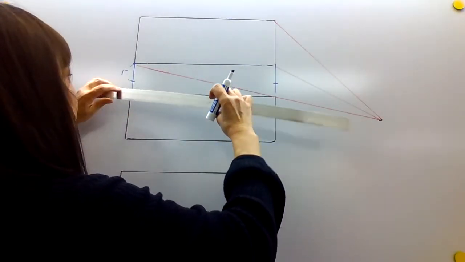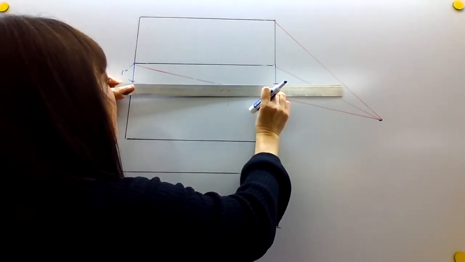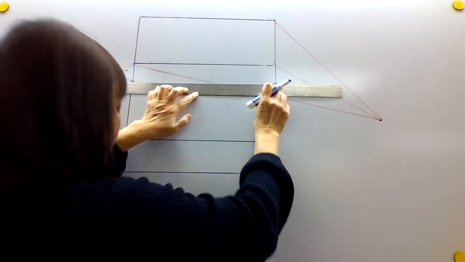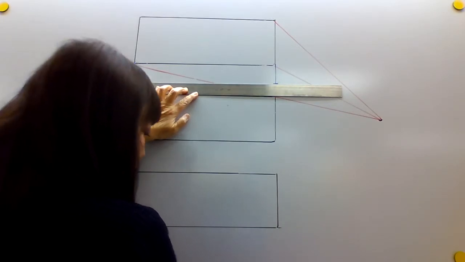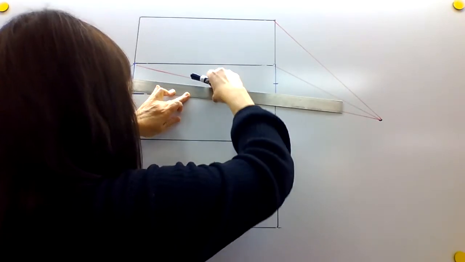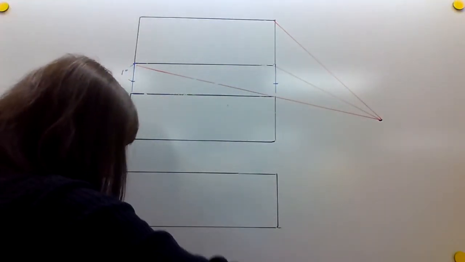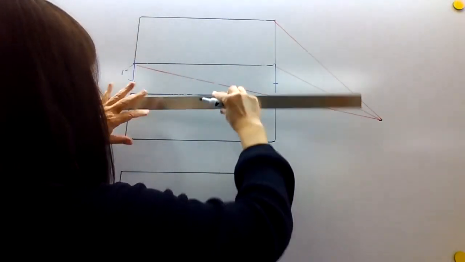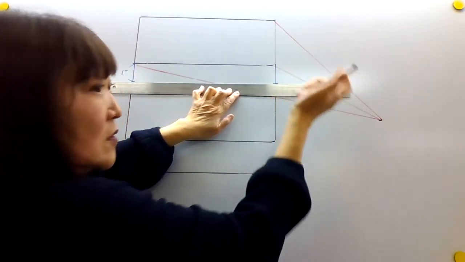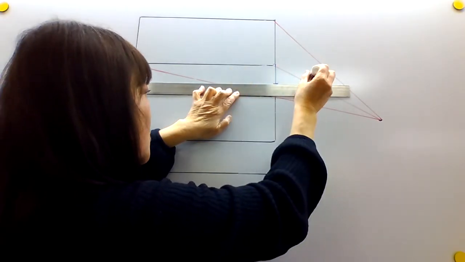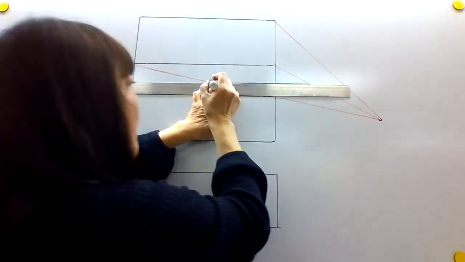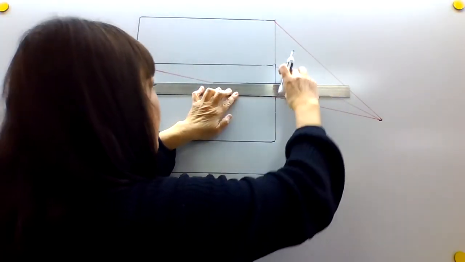Okay, so you put the ruler up against those two dots like that. Okay? But you do not connect it. Okay, you don't connect the dots. I'm going to change the marker color into black again. Okay, so go ahead and connect it. And you only draw lines between these two perspective lines, from here to there.